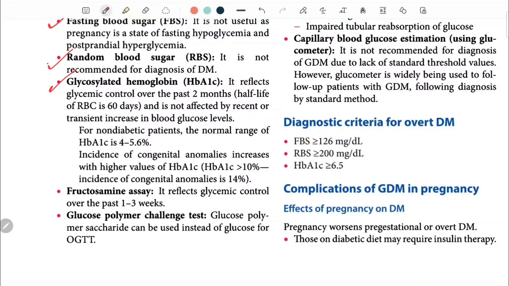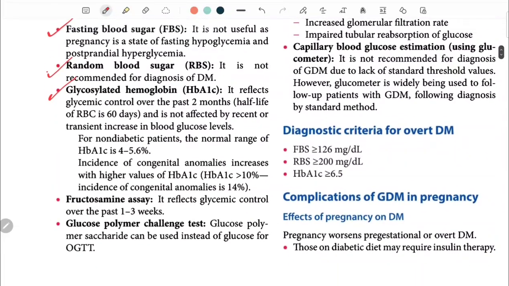The half-life of RBC is 60 days and it is not affected by recent or transient increase in blood glucose levels. For non-diabetic patients, the normal range of HbA1c is 4 to 5.6%. Incidence of congenital anomalies increases with higher values of HbA1c. With HbA1c more than 10%, the incidence of congenital anomalies is 14%.